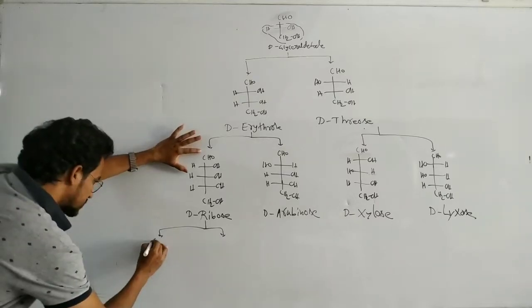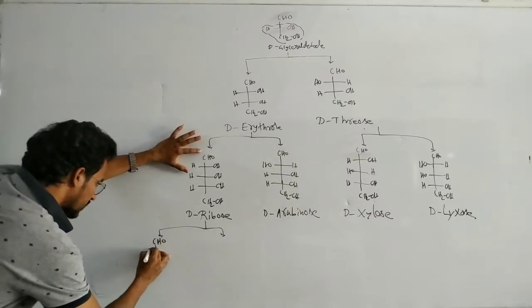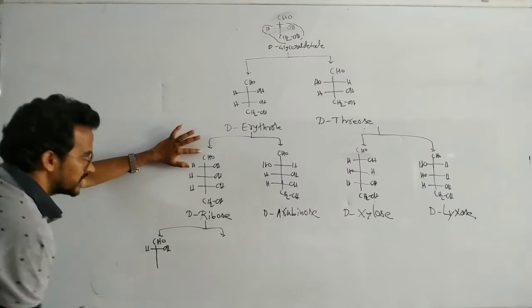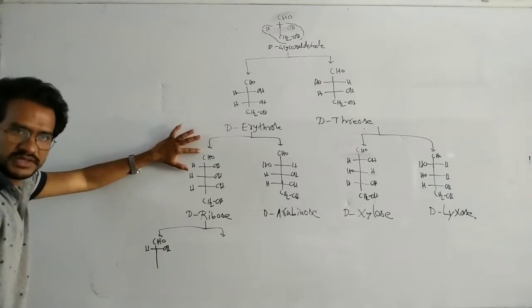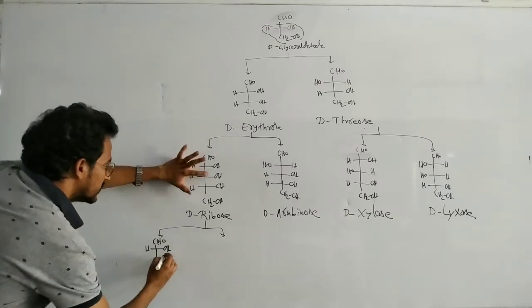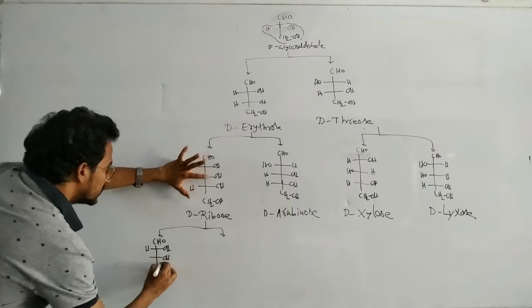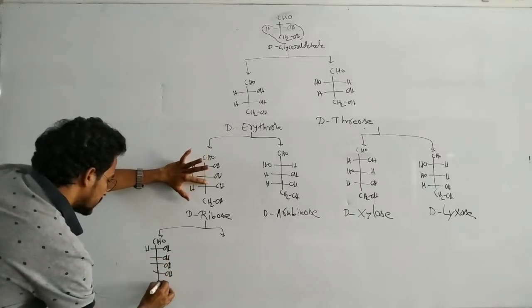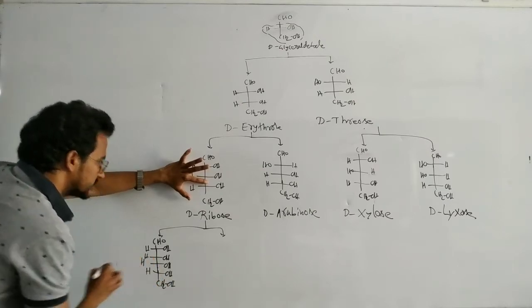That means here CHO, here OH, H, next remaining same. Okay, remaining same. That means here I am writing like this, here OH, OH, all OH same side. This is CH2OH. Hydrogen, this hydrogen, hydrogen.